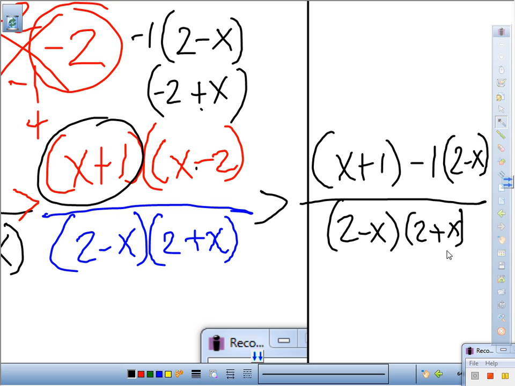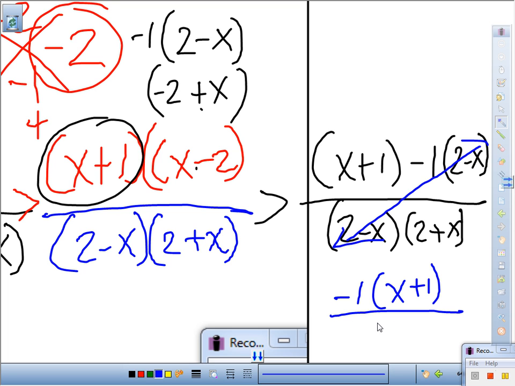Do you see the giant 1 now? Yes. What is it? 2 minus x. All right, so if that's true, we got negative 1 times x plus 1 over 2 plus x.